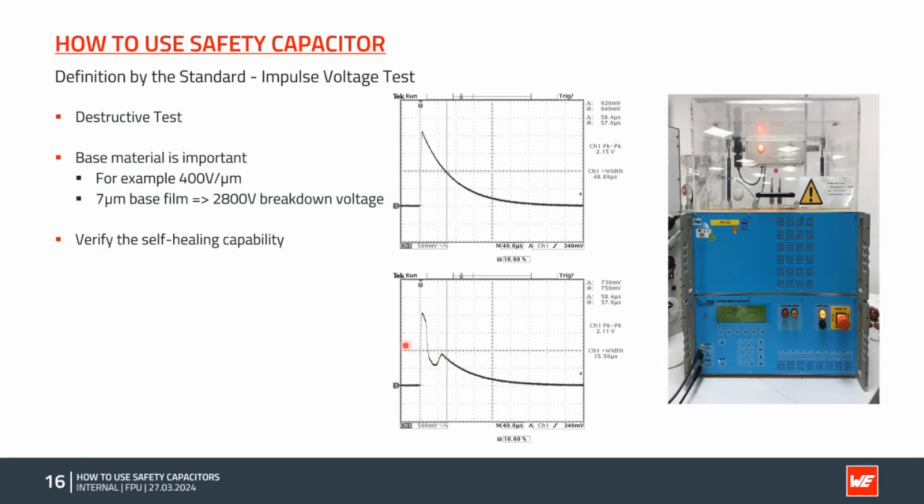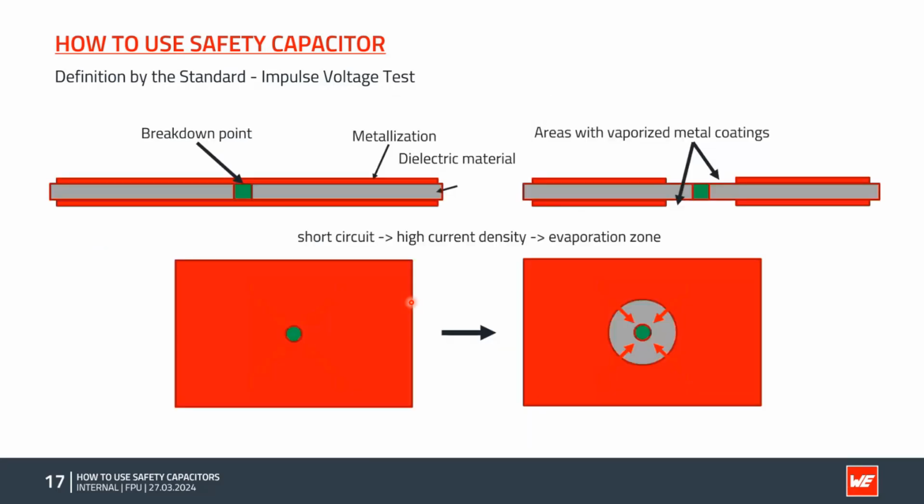Here you see what a breakdown looks like in the testing. Just to make it clearer in a picture how this breakdown occurs: the gray is our dielectric material, then we have our metallization, and imagine here is a breakdown point, some impurity or some failure in the metallization. When an impulse comes, this is a short circuit.